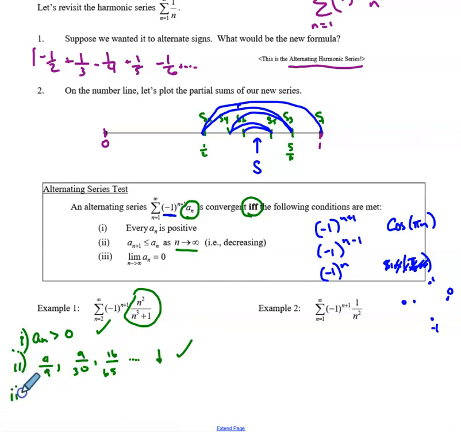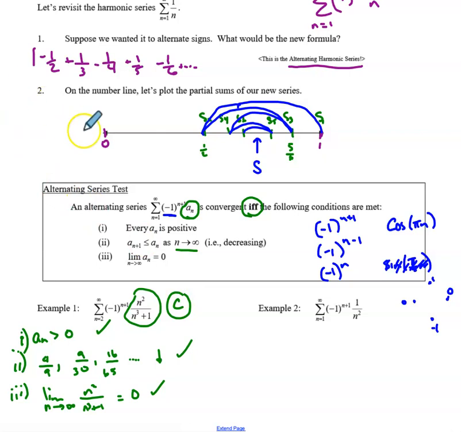And then last, let's check to see if the limit as n approaches infinity of our underlying sequence n squared divided by n cubed plus 1 equals 0. And it does because I have a larger degree in the denominator. Therefore, by the alternating series test, this series converges.